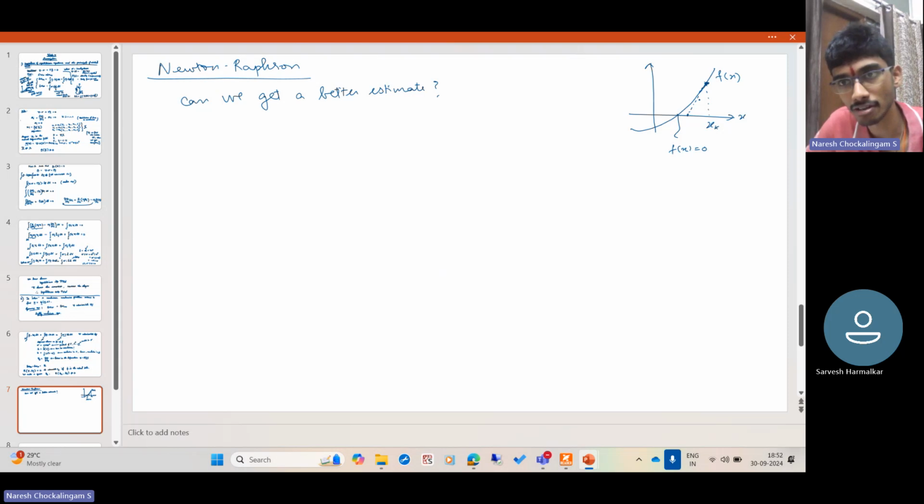This line has got a slope f dash of x. Suppose this is x_k plus 1. It's an improvement over x_k. Suppose we are close to the root and we have a guess x_k. Can we improve the guess? Yeah, we approximate the root by taking the tangent.